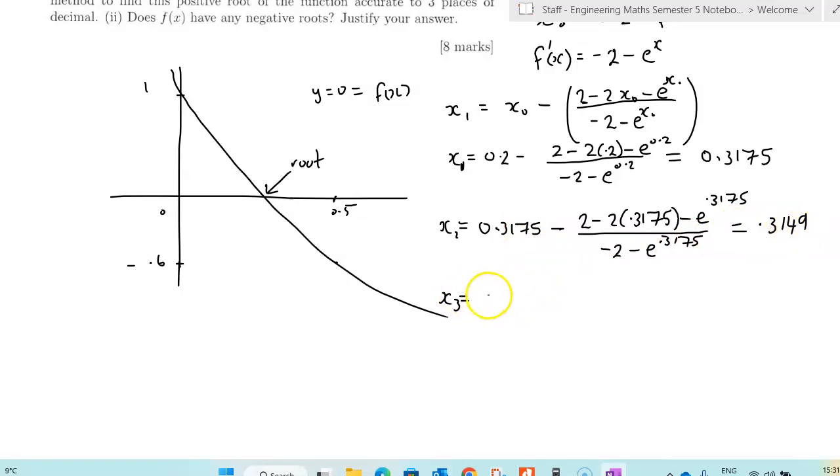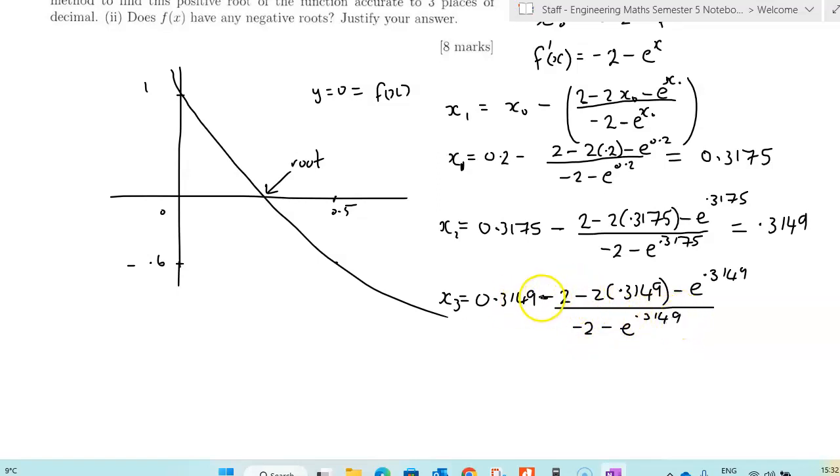They're close, but not close enough. So now it's 0.3149 minus 2 on 0.3149 minus e to the power of 0.3149. And this part here is over minus 2 minus e to the 0.3149. Okay, that minus there is for the whole bracket.